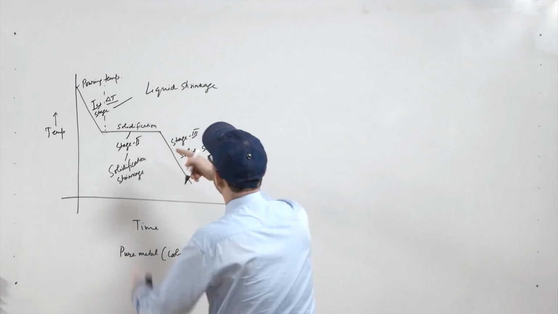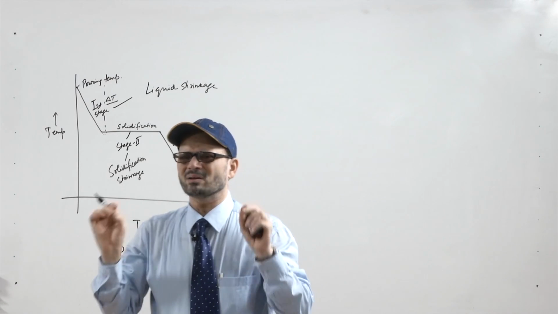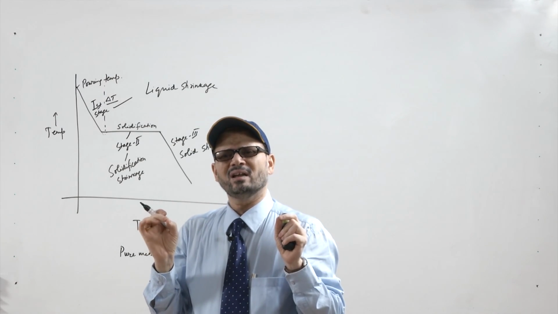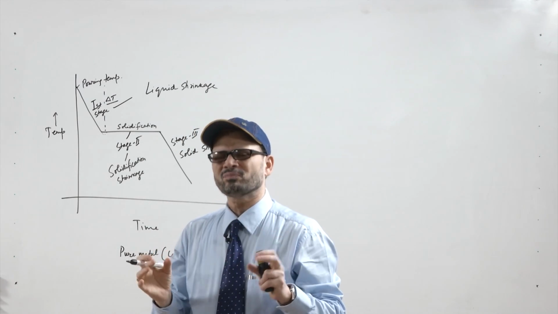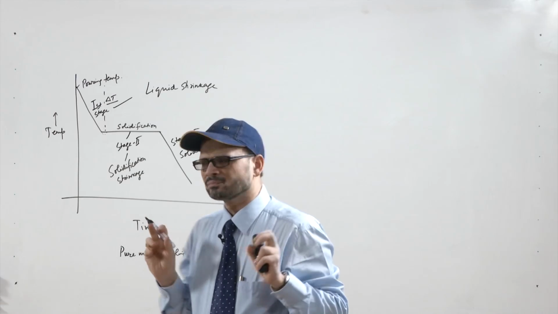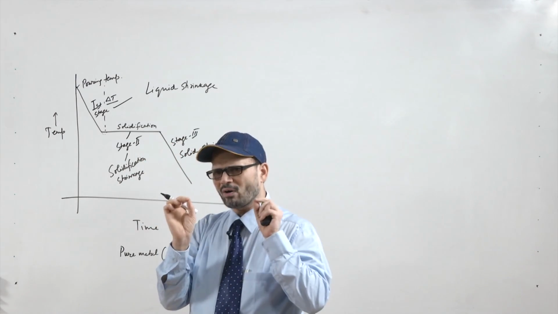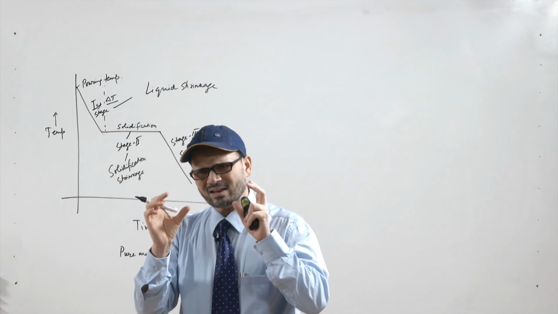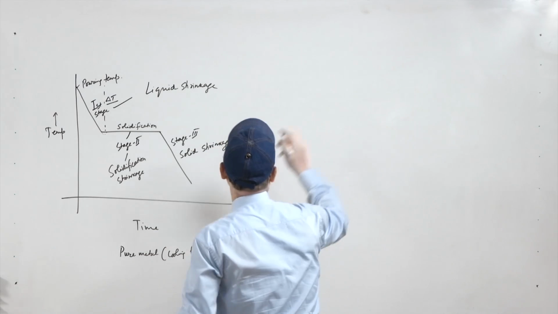So, in stage 1 and stage 2, when the material is still in the liquid state, some part is there in the liquid state, at that time the contraction can be overcome, or balanced, by feeding extra metal, and that extra metal can be supplied only in the liquid form. So, this extra liquid metal which has to be supplied is done by the riser.